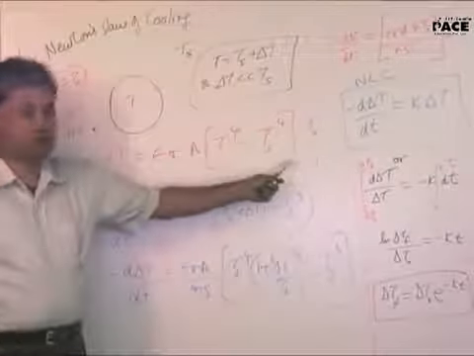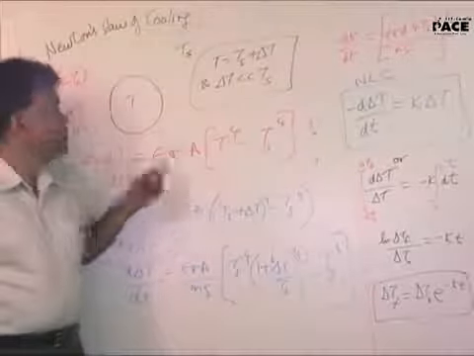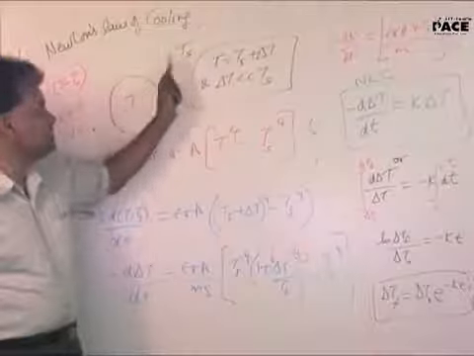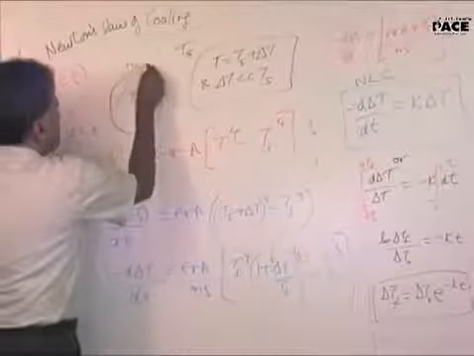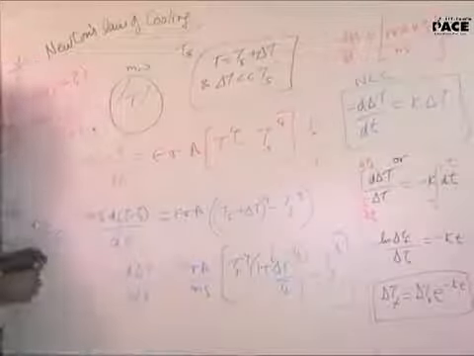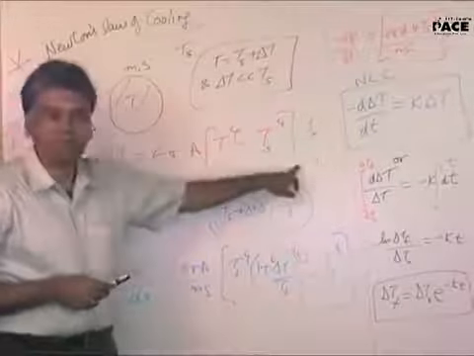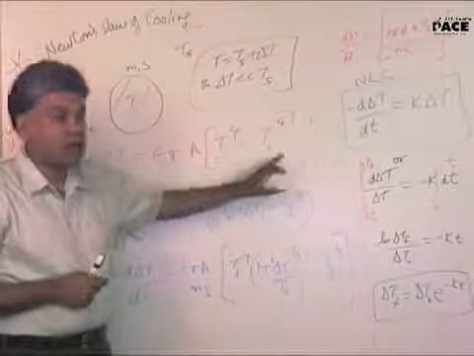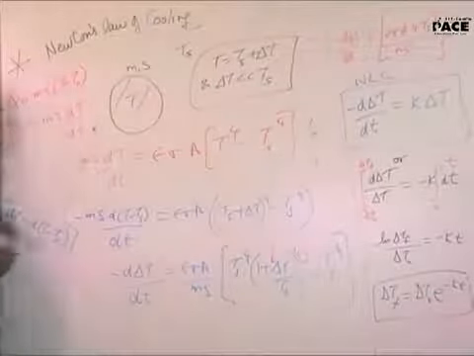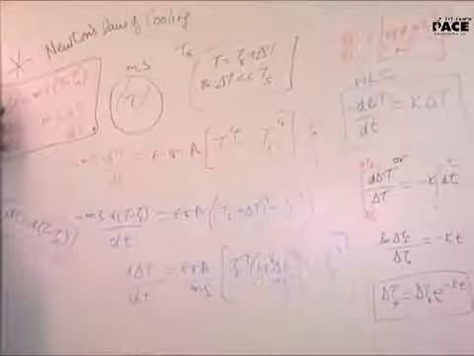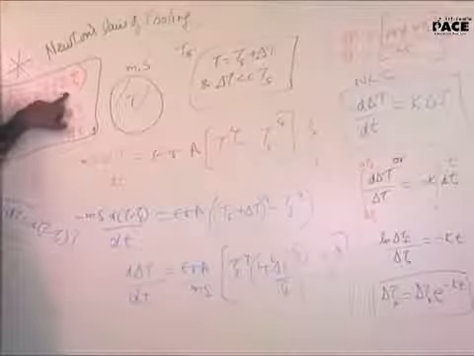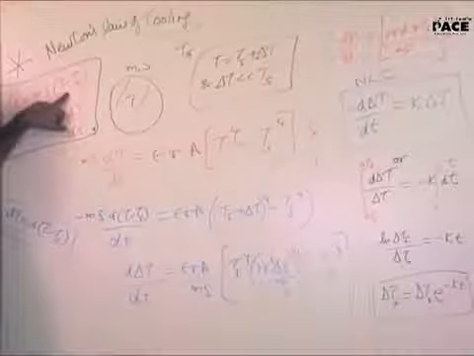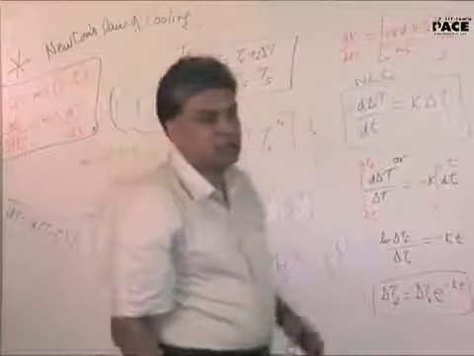This is the ms power. You have temperature, surrounding temperature for this body having a mass m and specific heat. And from calorimetry you know that if a body is given a quantity of heat Q, then Q equals ms delta T, that is ms times T minus T naught.